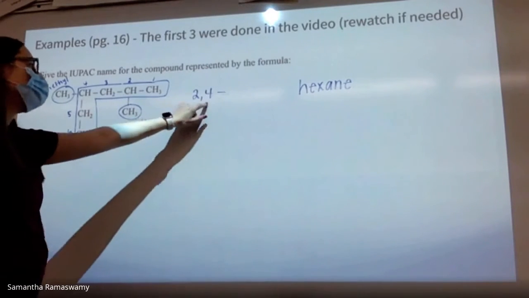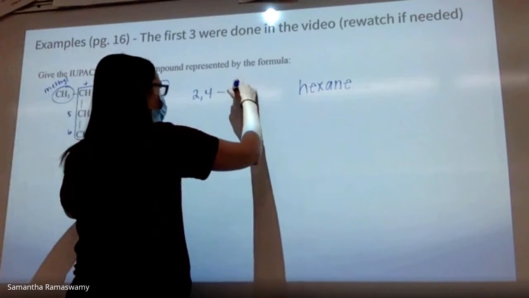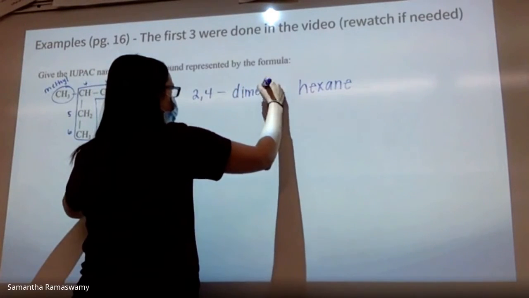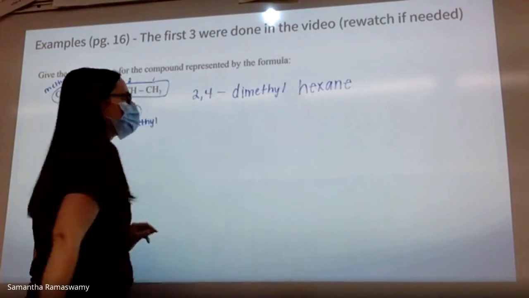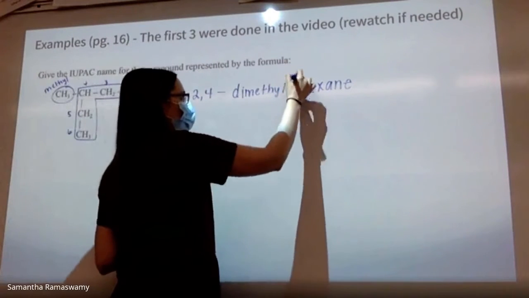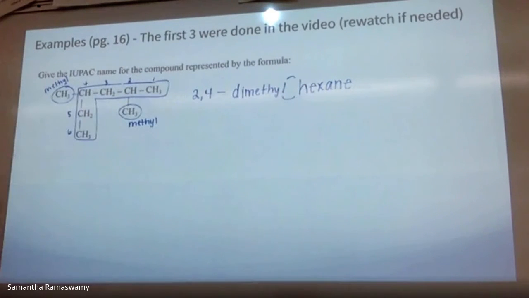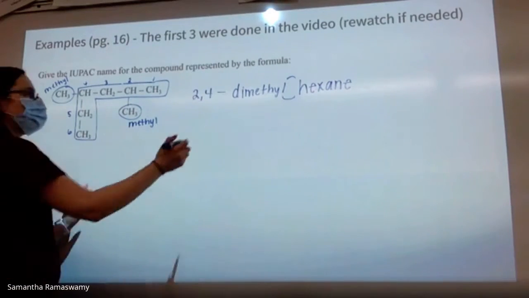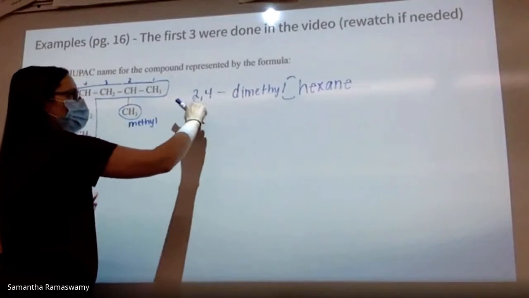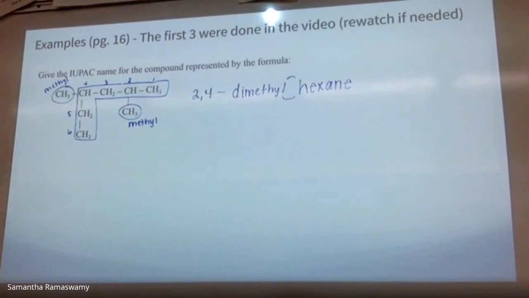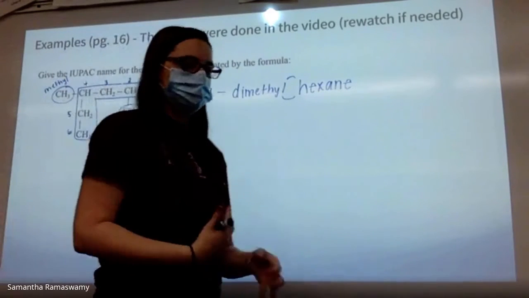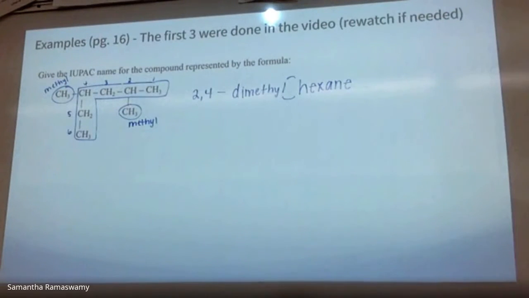So on carbon 2 and carbon 4, we have a methyl group. So it's dimethylhexane. This is all actually one word. I just had some space. So this is 2,4-dimethylhexane. So again, that tells us that dimethyl means we have 2 methyl groups, 1 on carbon 2, 1 on carbon 4. So it's almost like a map. You're showing the person that's writing this where everything is.